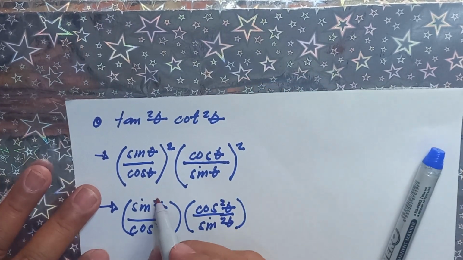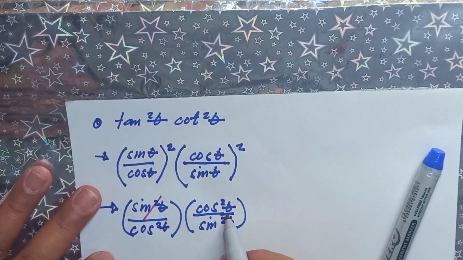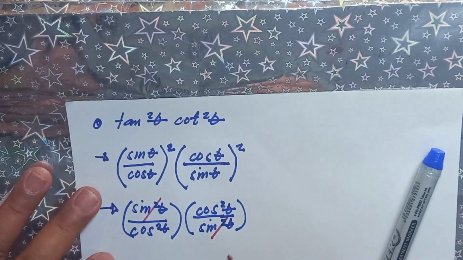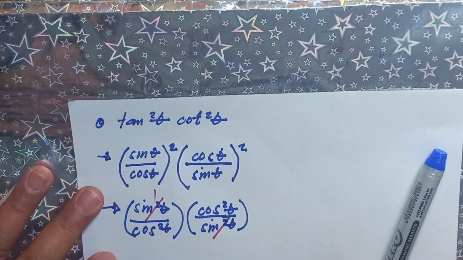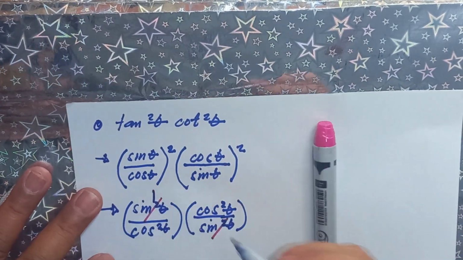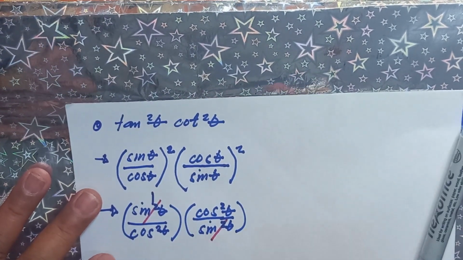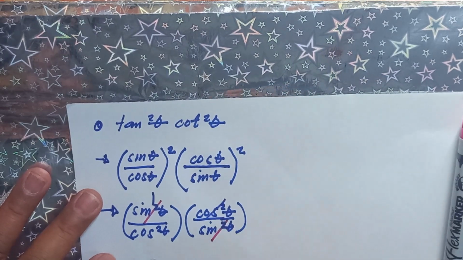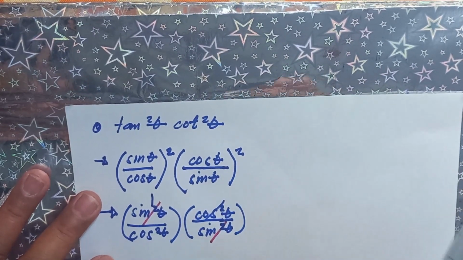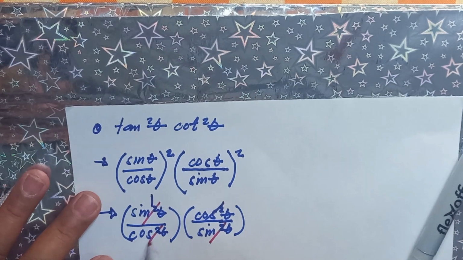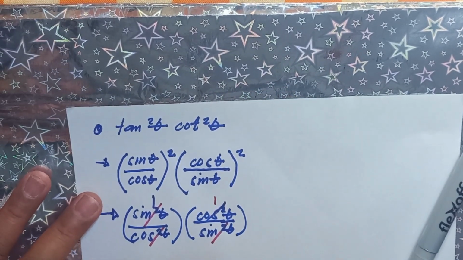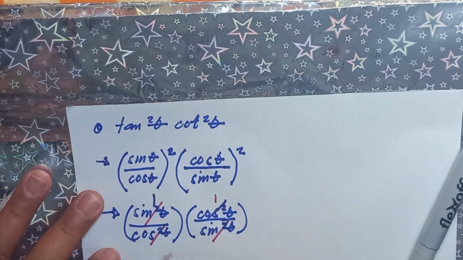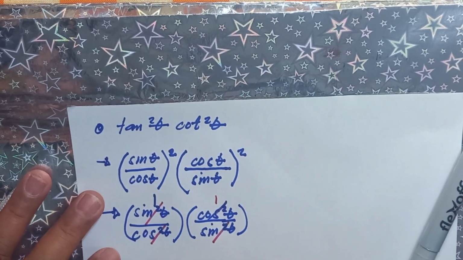So this must be sine squared theta divided by sine squared theta. That is 1. Another one is cosine squared theta divided by cosine squared theta. That is still 1. So the result of this expression is actually 1 multiplied by 1, it will give you 1.